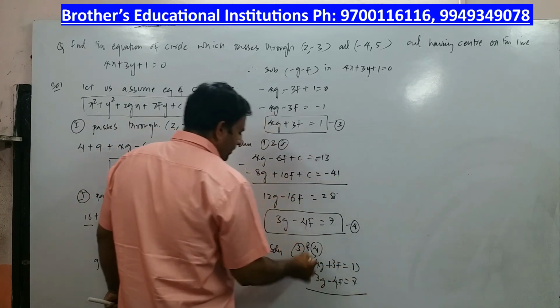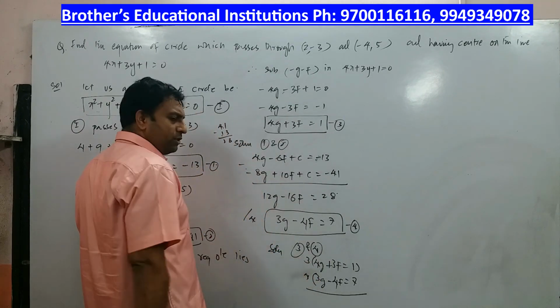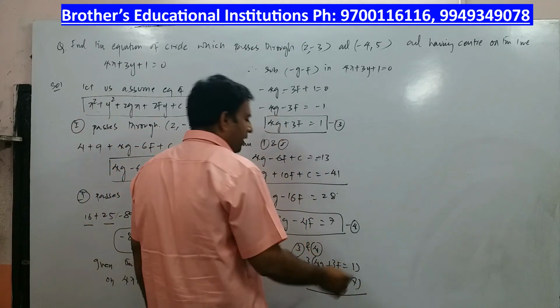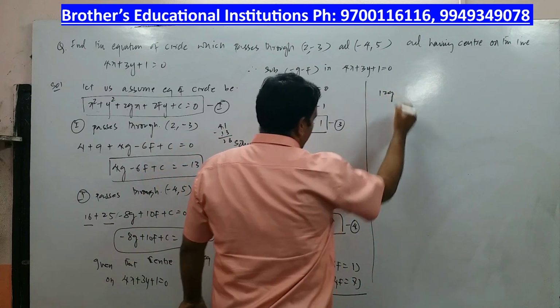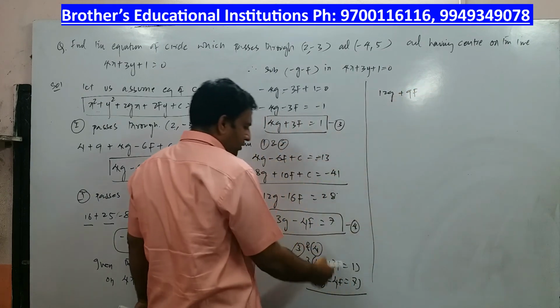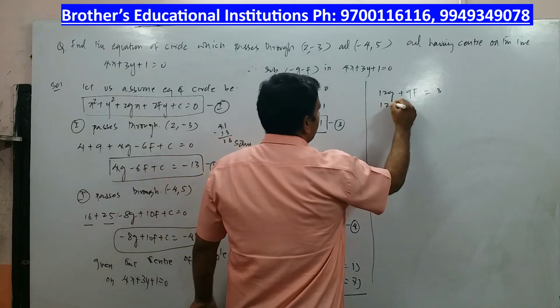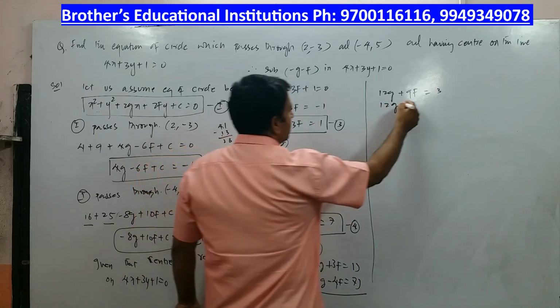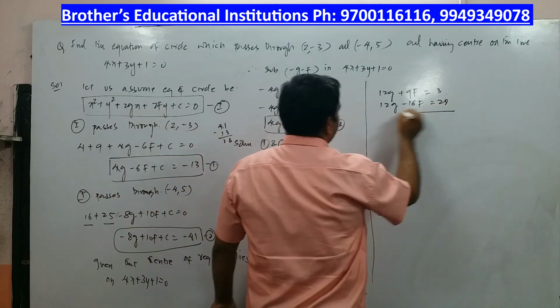So multiply the first equation with 3 and the second with 4, because 4 3s are 12. You get 12g + 9f = 3 followed by 12g - 16f = 28.